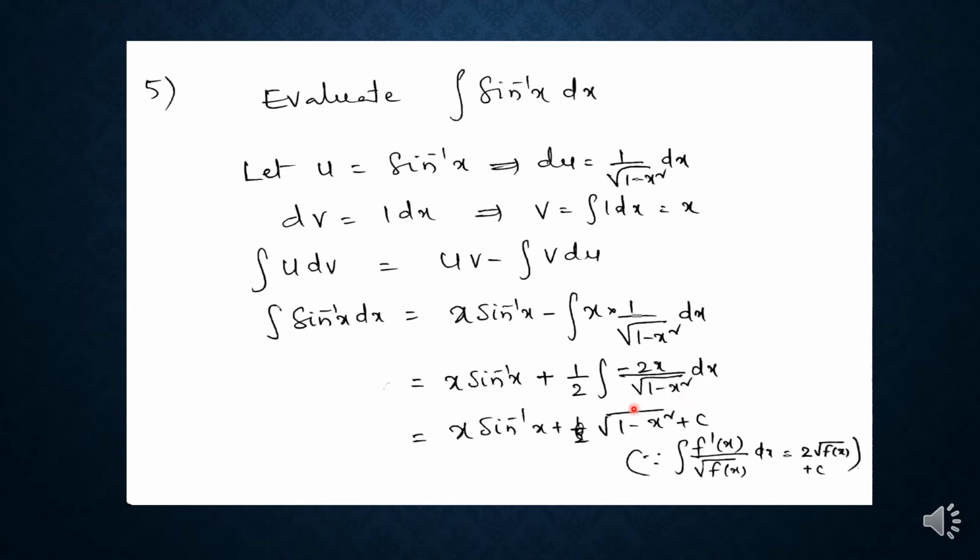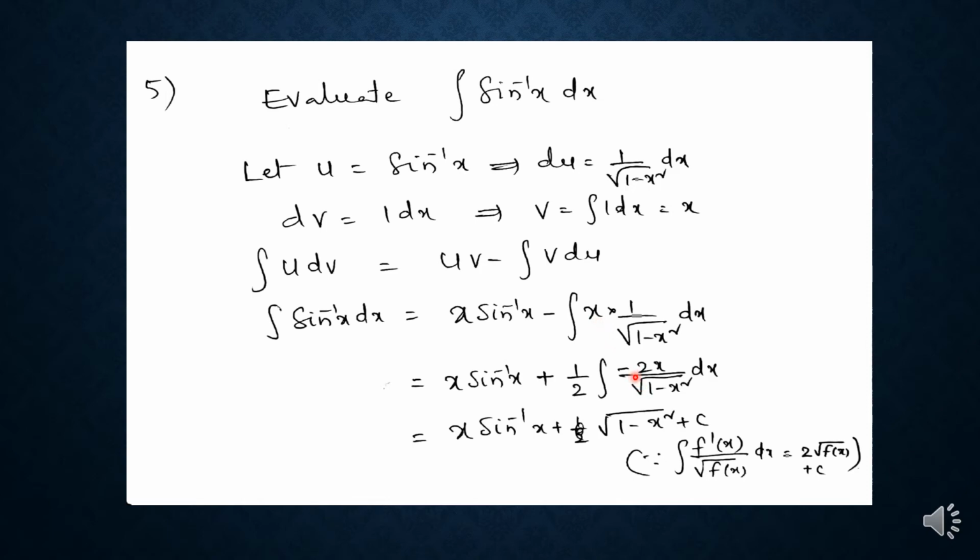Now we can recall the formula. In the denominator, root of 1 minus x square is there. If f of x is equal to 1 minus x square, what is its derivative f dash x? That is minus 2x. In the numerator we already have x.